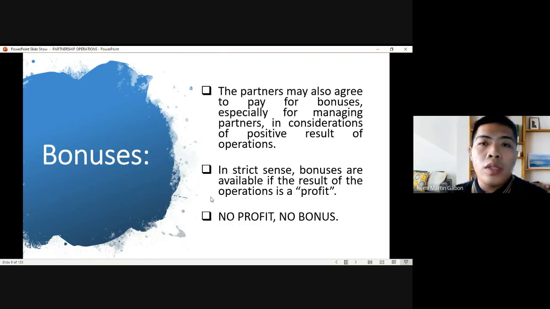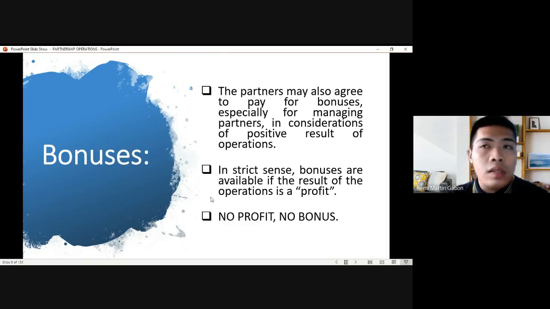So bonuses are in consideration of positive result of operation. Based on what I've said, it is based on positive result. Therefore, unlike salaries and interest, bonuses are only distributed if and only if the operation is positive, meaning earned income or profit.